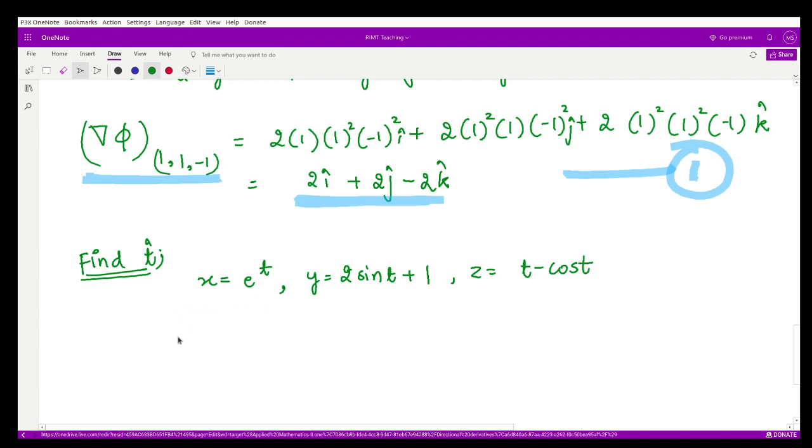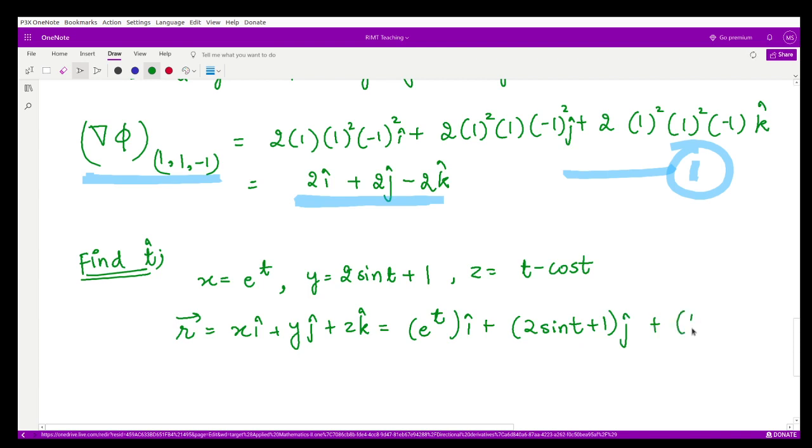So what we can do, we can create a position vector according to this. So I can write x i cap plus y j cap plus z k cap. So I can substitute the values of x. So it would be e to the power t i cap plus 2 sine t plus 1 j cap and then t minus cos t k cap.